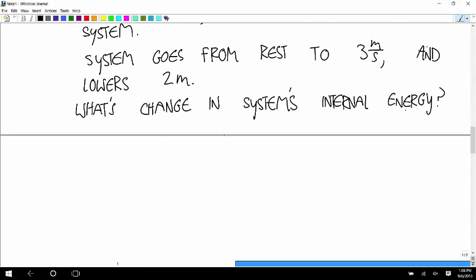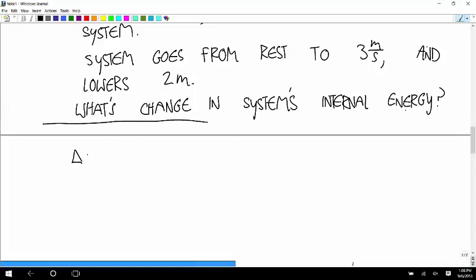We know that the change in energy is equal to Q minus W. 50 joules of heat is added to the system. Does that mean Q is positive or negative? Yep, in a heat engine, heat is added to the gas. So this is positive 50 joules.